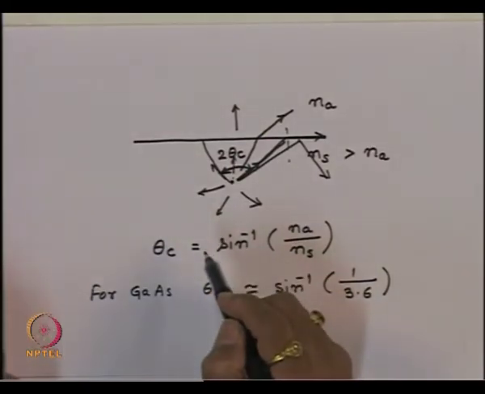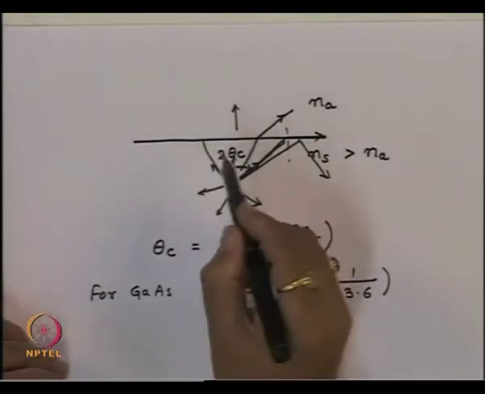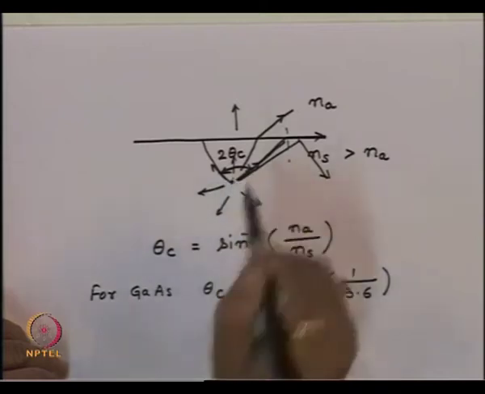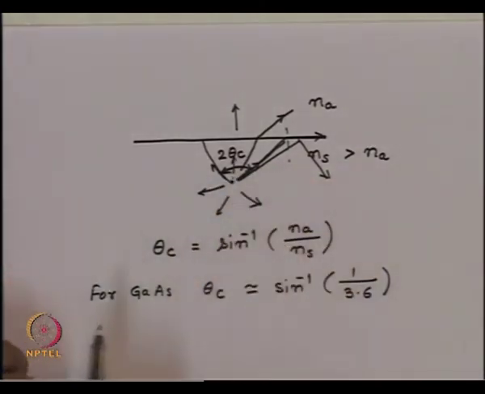So, essentially what we are saying is the fraction of the total number of photons which were born, which can escape from here or which lie within this solid angle corresponding to this 2 theta c, that is the one factor affecting the external quantum efficiency.